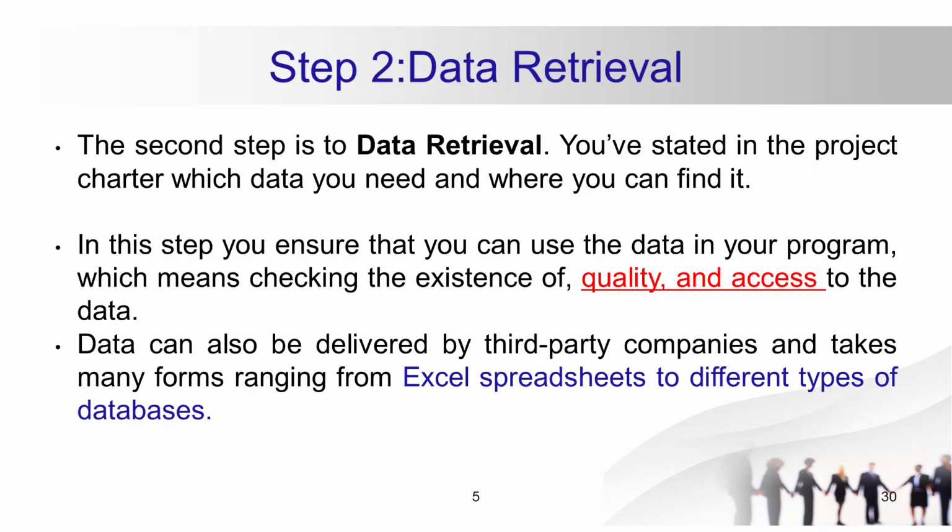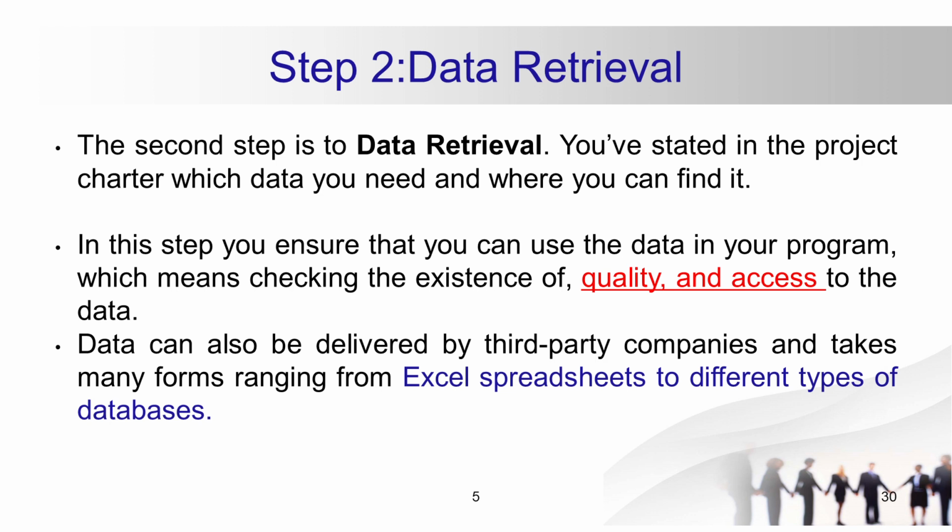The second step is data retrieval. Once you obtain the data, this step aims at checking the quality and the access to the data: whether the data you have acquired is of quality, and whether it is accessible. The data can also be obtained from a third party company, and it can range from any form, right?